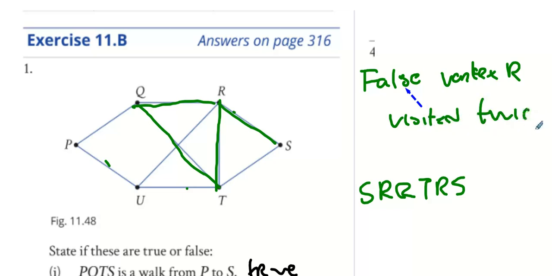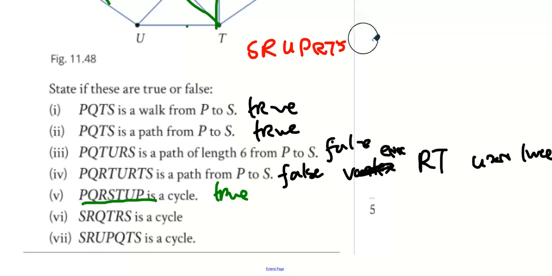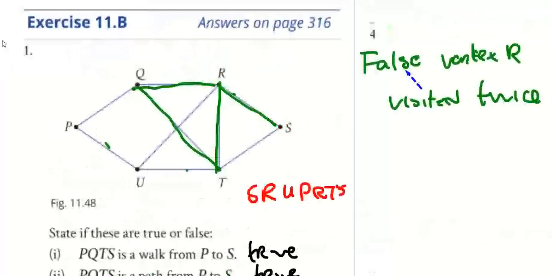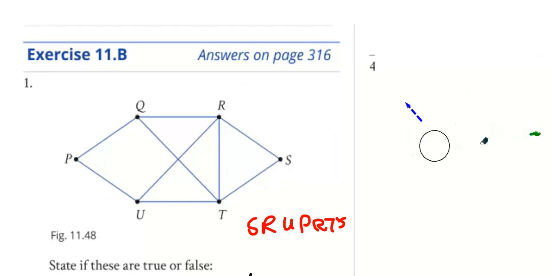Okay. And the last one is, well, we can see right, is SRUPQTS a cycle? So we're going for SRUPQTS. We're going to see if this is a cycle or not. So we're going to go up and we're going to put in our new cycle.